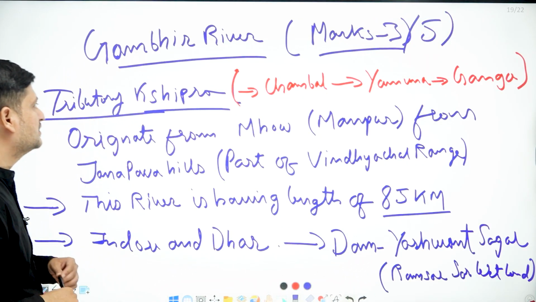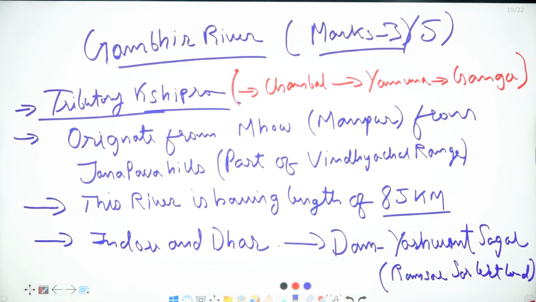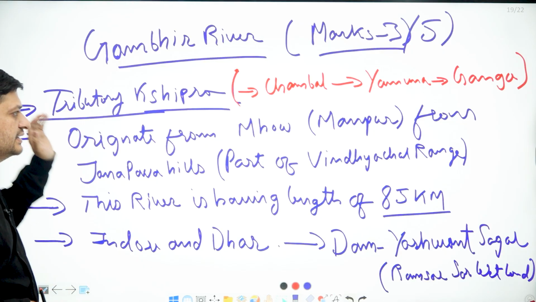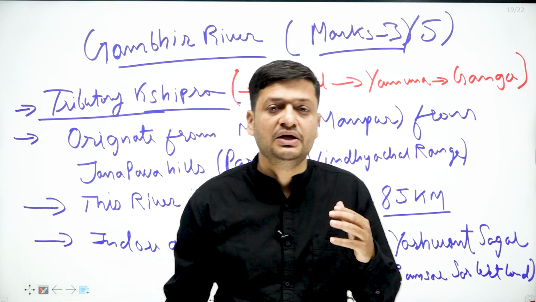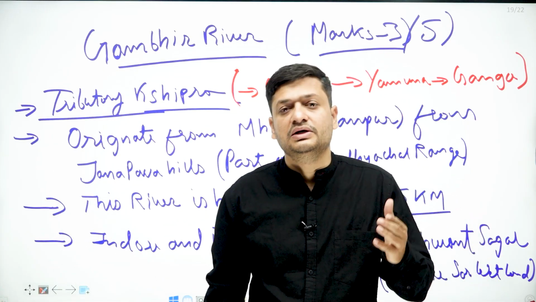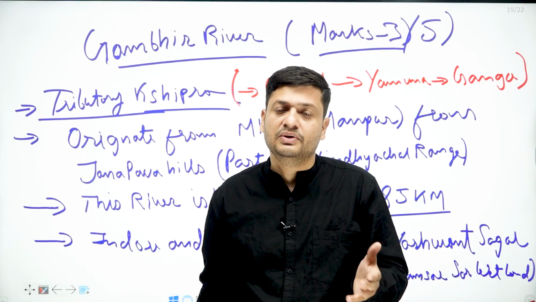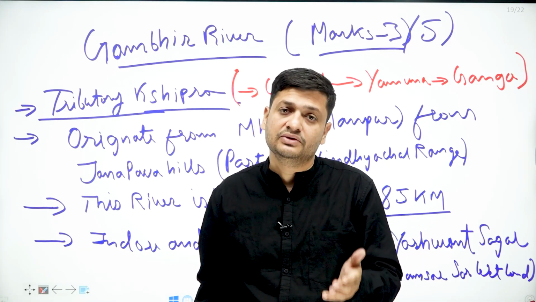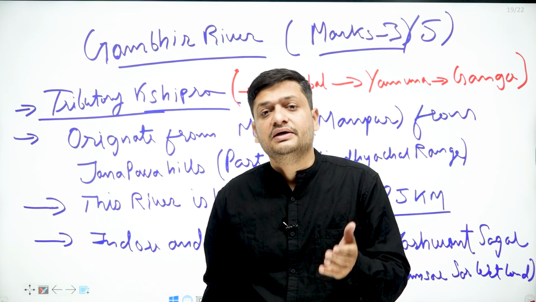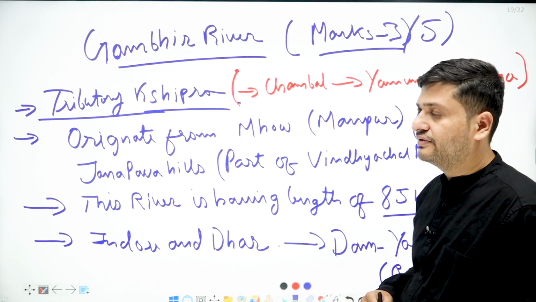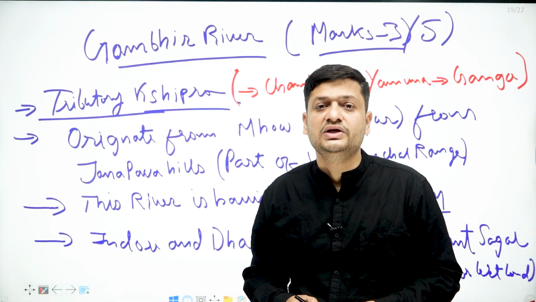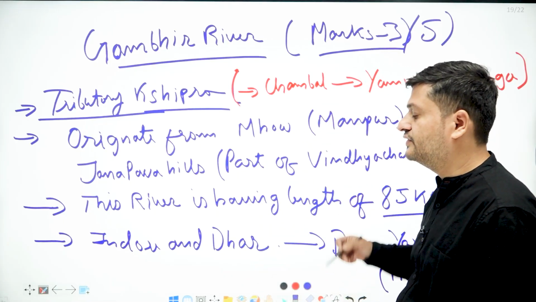So what are the points which can come? It is a tributary of Chambal River. The river flows in the region of Mhow. It starts from Mhow; you can also write Manpur in Indore district. It originates from the Janapav Hills, part of the Vindhyachal range.